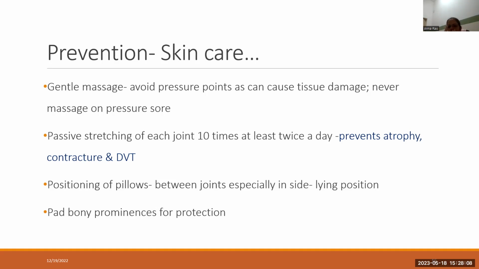Just make padding of it and place it between the joints, especially when the patient is lying on his sides, for example, just below the ankle joint or between two knees, right? That is very important. All that we want is to lift up the pressure from the joints.